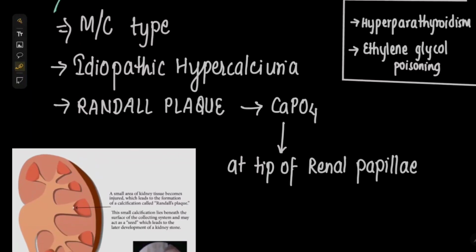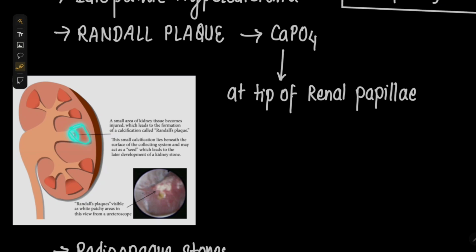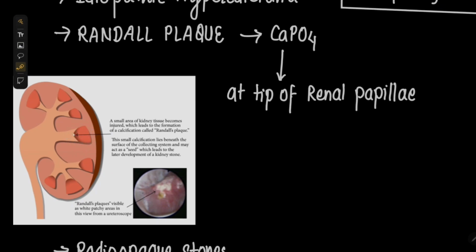Calcium oxalate stone is formed initially by the deposition of calcium phosphate at the tip of the renal papilla, and this stage is known as the Randall's plaque stage. Later on, this Randall's plaque develops into the calcium oxalate stone.